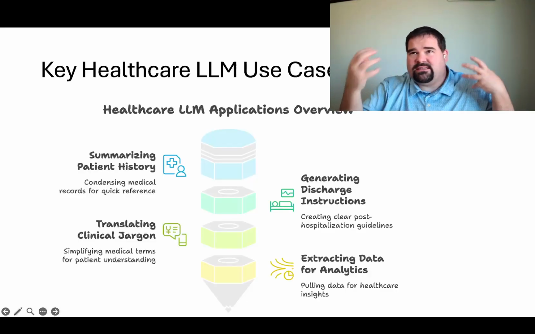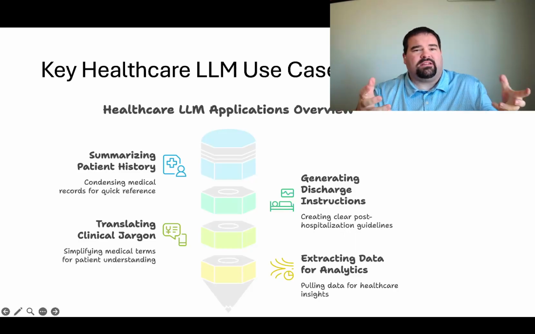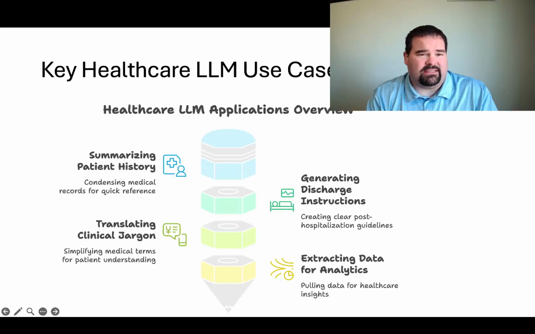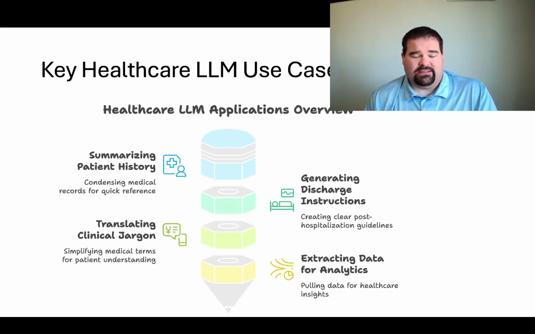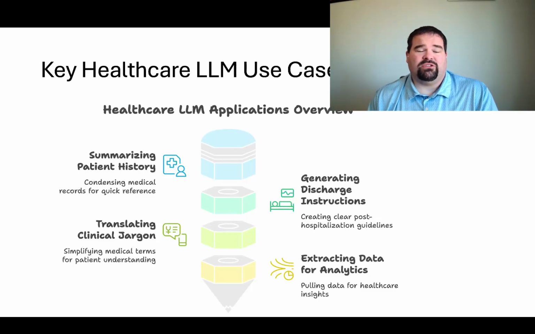So I wanted to just think through what are some specific use cases that we can tackle with large language models in healthcare. Well, we can summarize patient history. A large language model can take 40 years of patient history with a 2 million token context window. Most patient charts would fit within that. And it would be able to quickly condense and pull out pieces and parts of that chart.